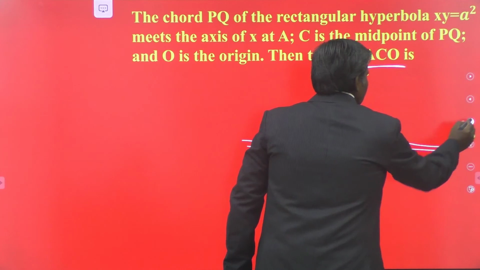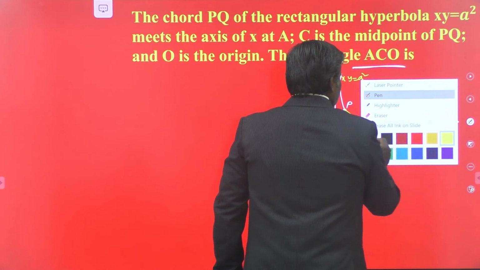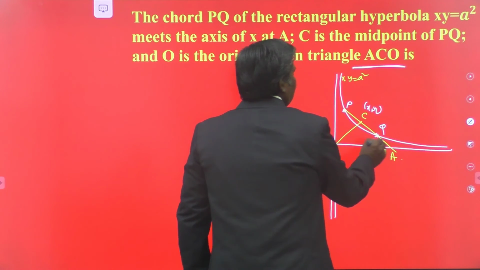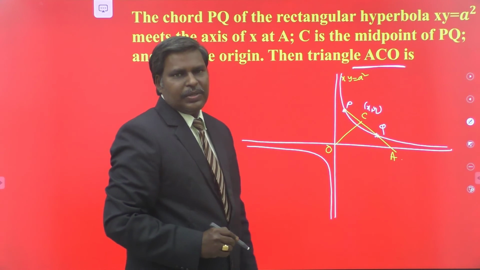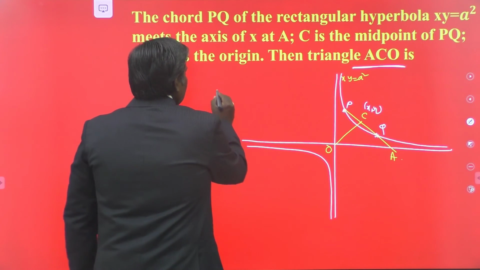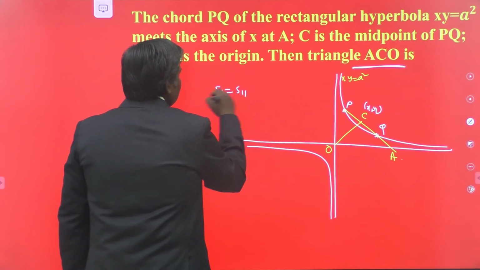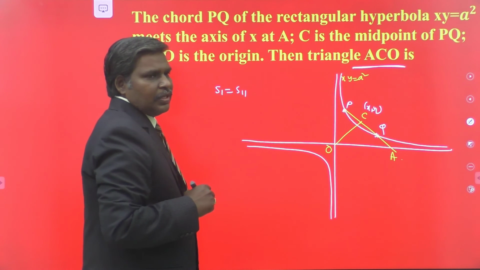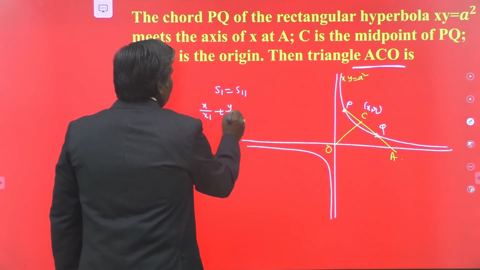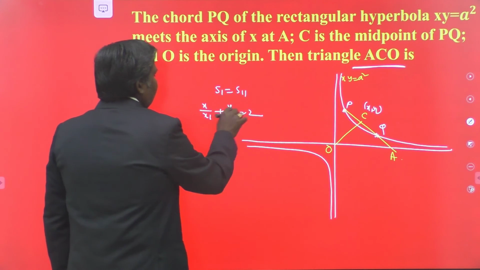Now, this is x1 comma y1. This is the midpoint of chord PQ. Can you write the equation or not? Its equation is what? S1 equals S11. That is x by x1 plus y by y1 equals 2. Already we proved this one.